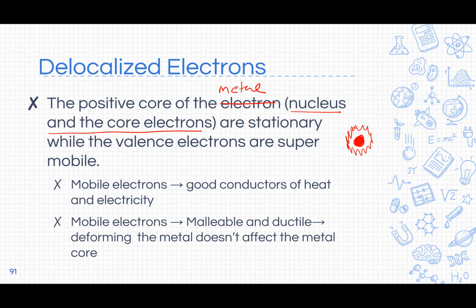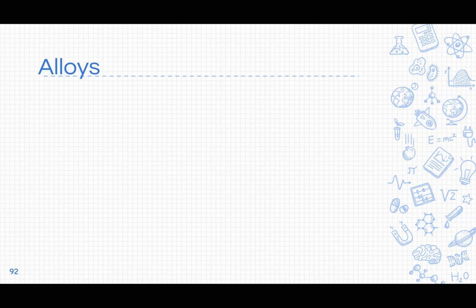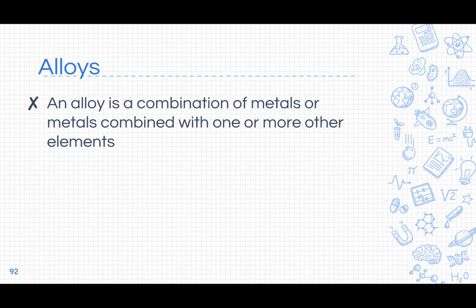That's why metals can be malleable and ductile, because deforming the metal doesn't actually affect this stationary core here. So when metals bond to themselves, like iron bonding to iron to make a sheet of iron, we have this stationary core and these mobile electrons that are forming the sea of electrons.